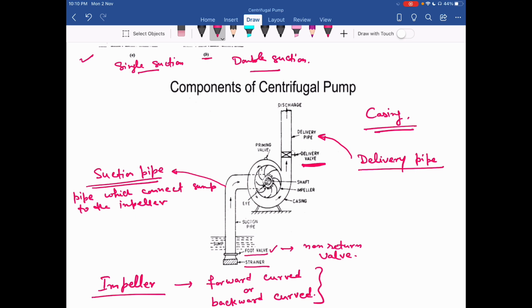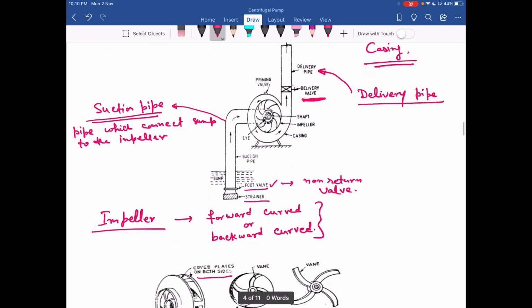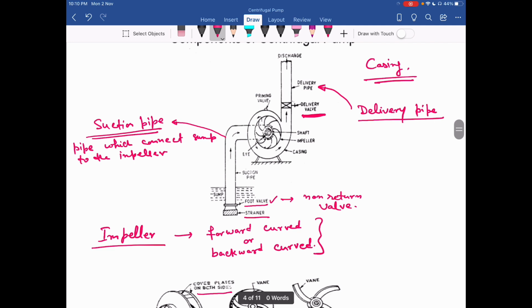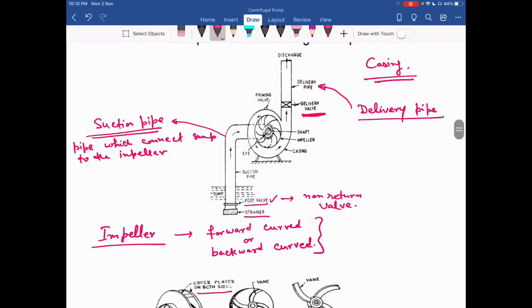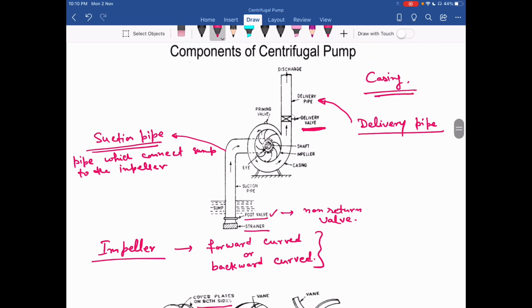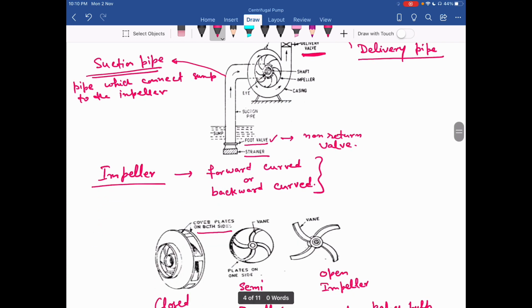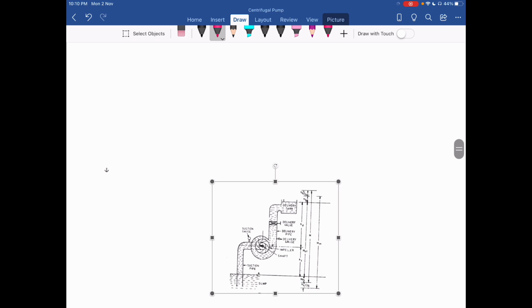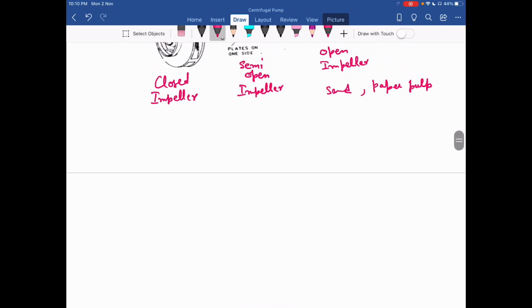Now, next you see how we start this centrifugal pump. To start this centrifugal pump, first we do priming.